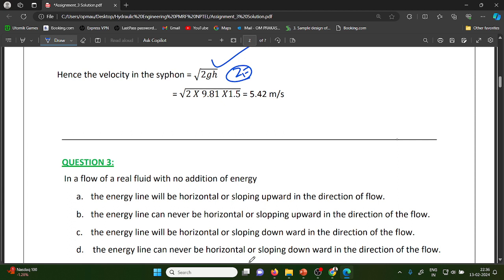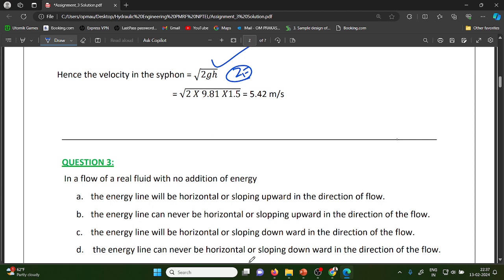In real fluid with no addition of energy. This is not the case of ideal fluid. Don't confuse it with the ideal. In ideal fluid there is no viscosity, but here we are considering the viscosity.